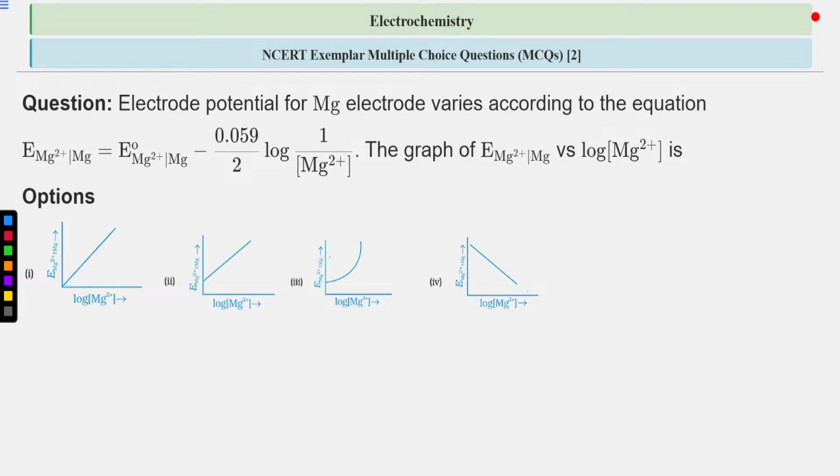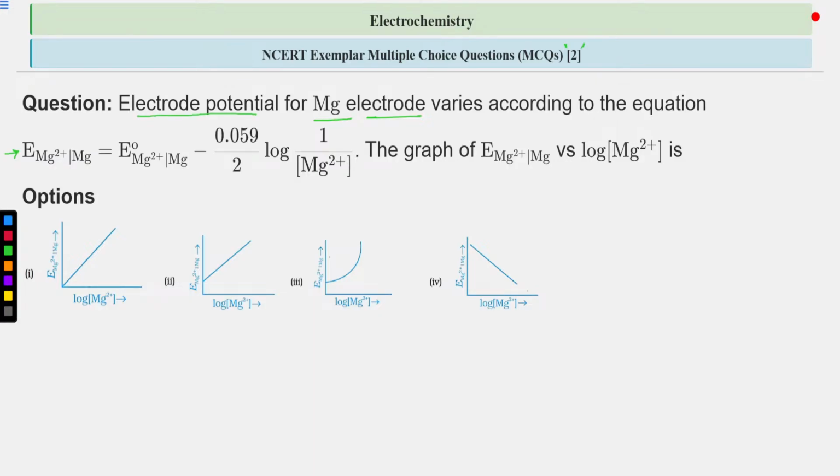So this is an NCERT exemplar multiple choice question, marked as question number 2 in the NCERT exemplar questions. The question says that the electrode potential for the magnesium electrode varies according to this equation.